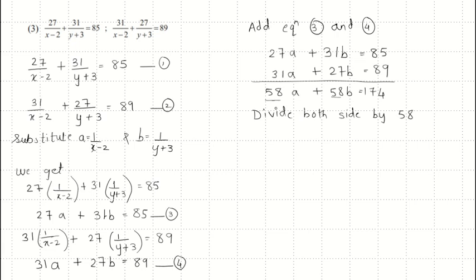When we divide it, we get 58a upon 58 plus 58b upon 58 is equal to 174 divided by 58. So what will we get? We get a plus b, as the 58 gets cancelled. 58 ones are 58, 58 threes are 174. So we now got another equation, a plus b is equal to 3. We will mark this as equation number 5.